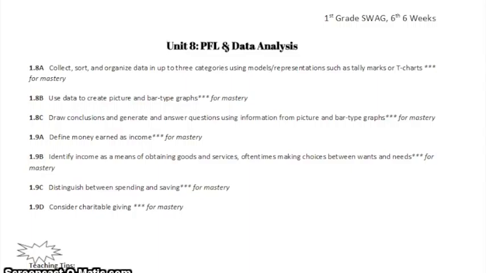So like I said, we are starting early where we're defining money as it being income that's coming in. We're also going to talk about how income can be obtained with goods and services. And then we often have to make a choice between our wants and our needs.